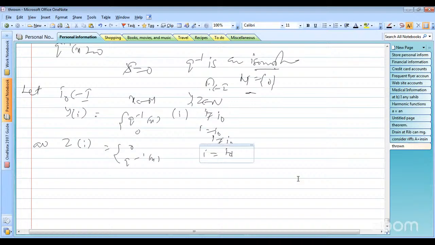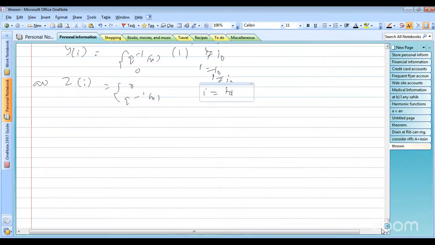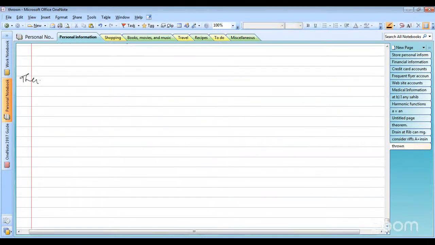But then we have taken here that yi naught is equal to 0 for i not equal to i naught. So therefore qi z is equal to zi is equal to 0.